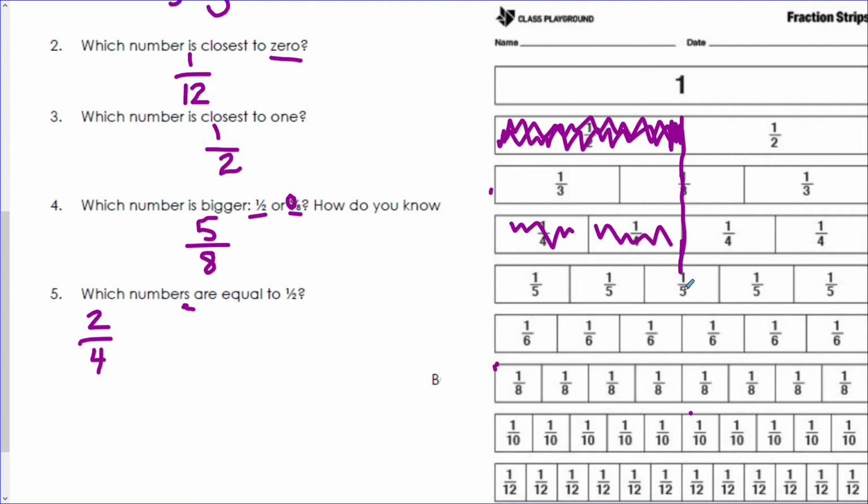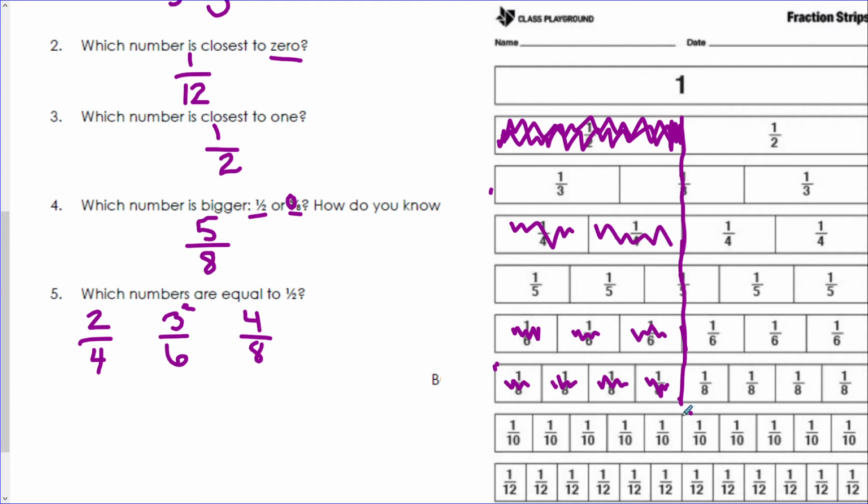So fifths, nope, it goes in the middle, so that's not even. Okay, but it matches up with the sixths. So I'm going to count sixths. I have 1, 2, 3 sixths. So I'm going to write 3 sixths. We're going to keep going. It matches up with the eighths, so I have 1, 2, 3, 4 eighths.